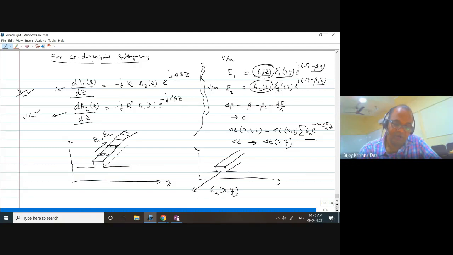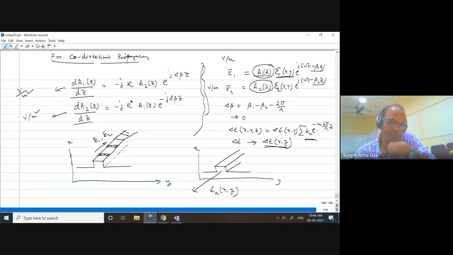Now suddenly you have a certain kind of perturbation like this, but it is z independent. Can you imagine that type of perturbation? Anyone? Ankita?